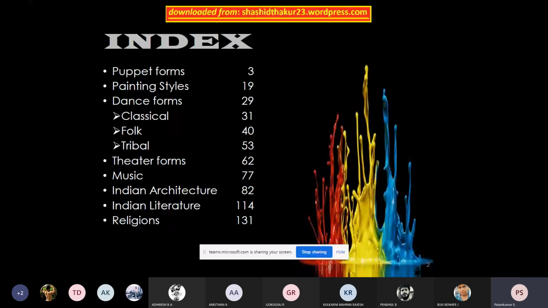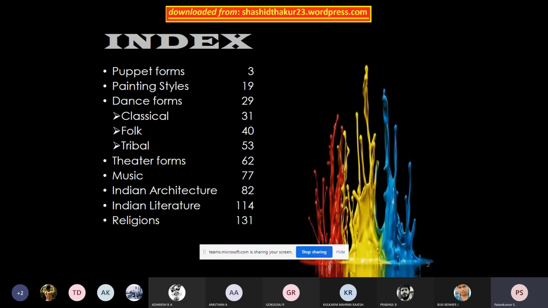By that they are able to deliver messages and moral values, and they are able to maintain all the values and traits, especially the family systems. So these are all the forms that helped earlier also.